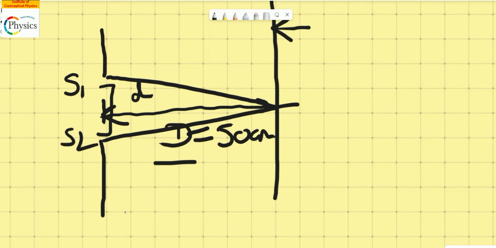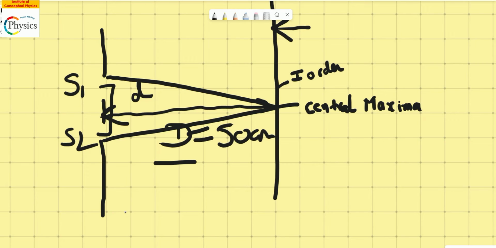We call this a central maxima. This is well understood. This actually is a zero order maxima. And if you look into the other maximas that get created, you must understand that the one above this will be the first order maxima, the next one.